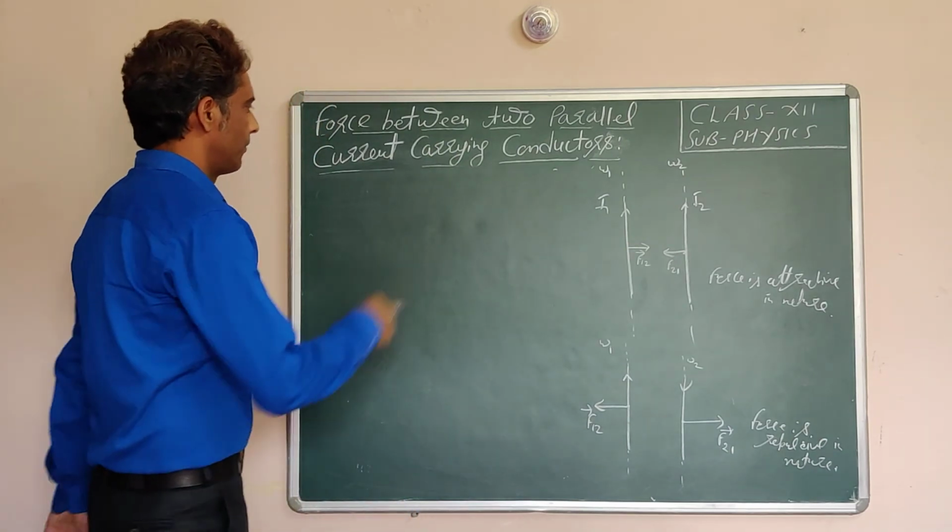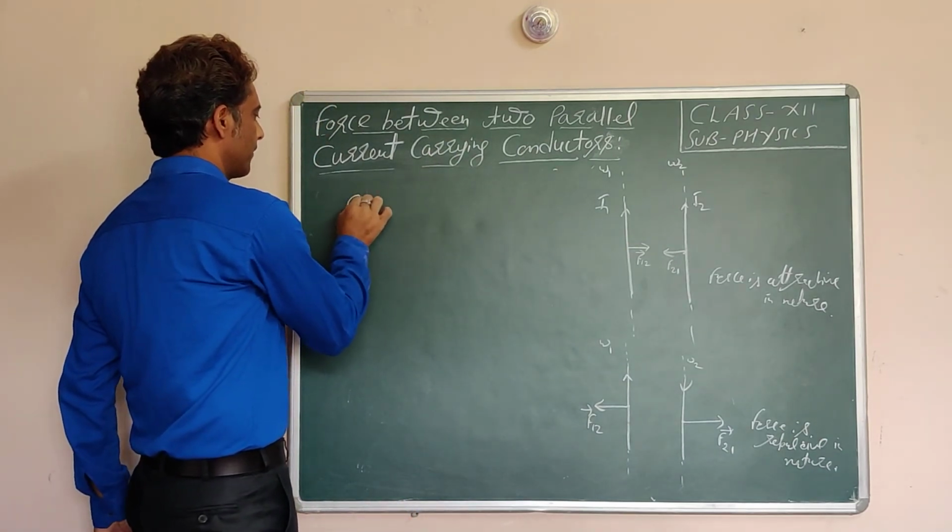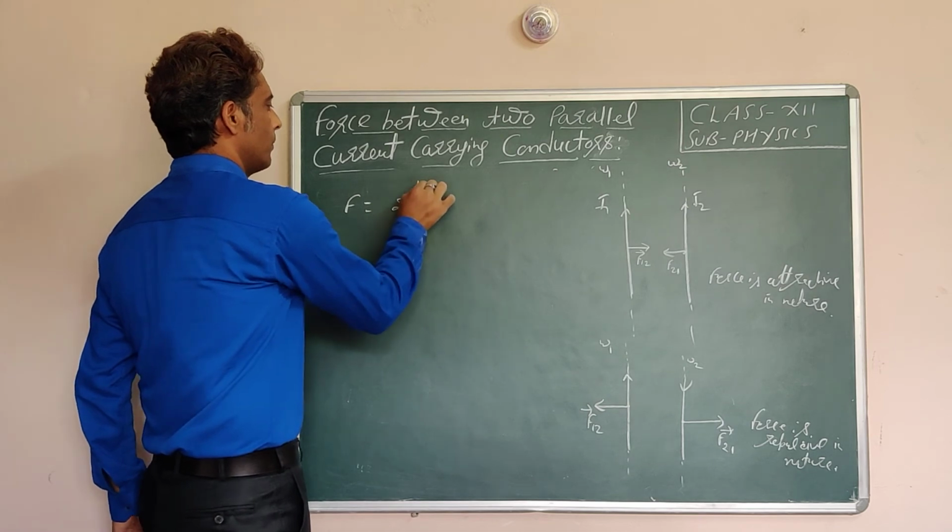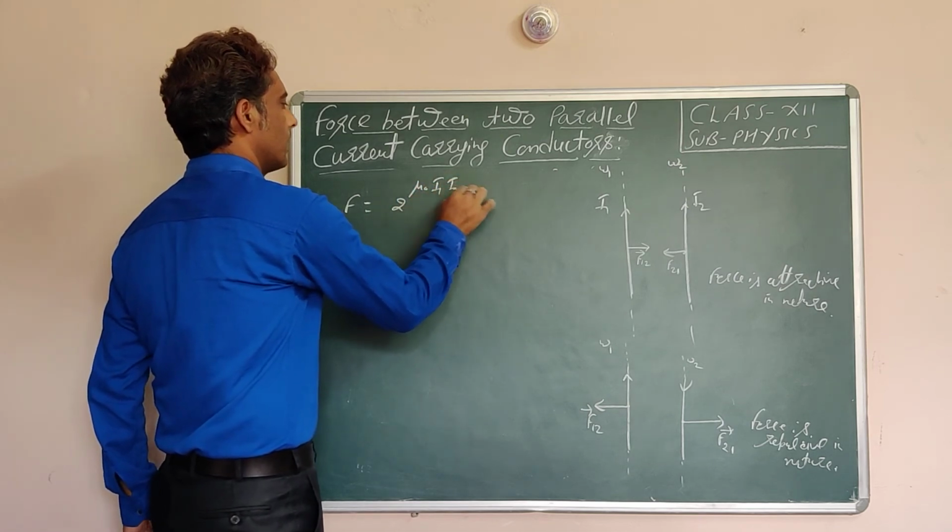And the magnitude of force, we have seen that F is equal to 2 mu naught I1 I2 over 4 pi a.